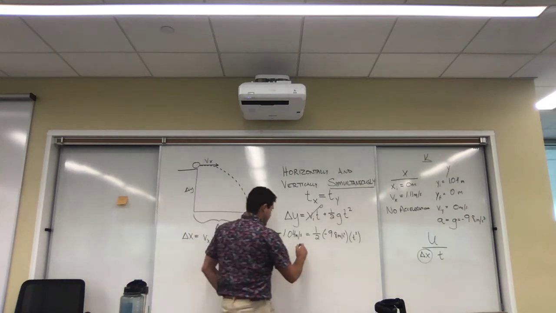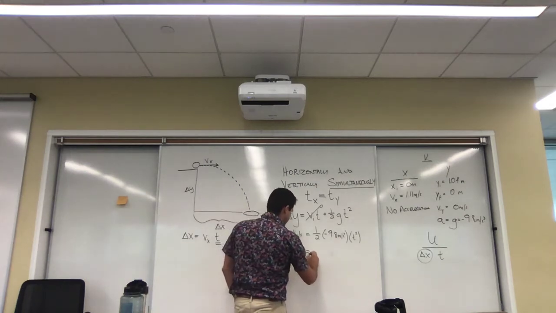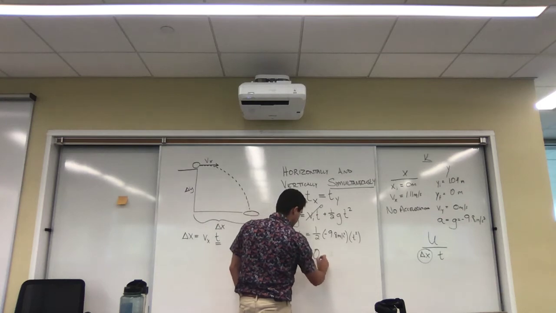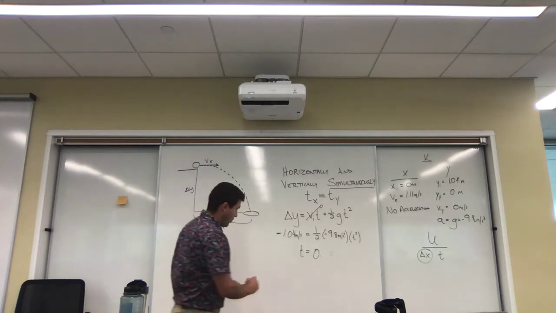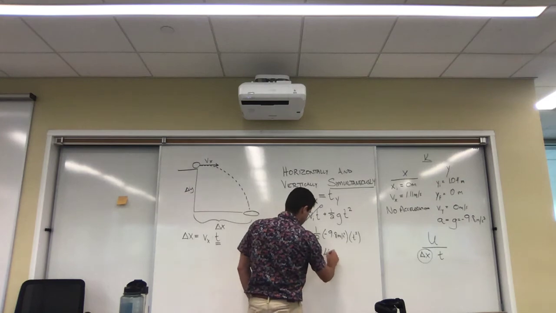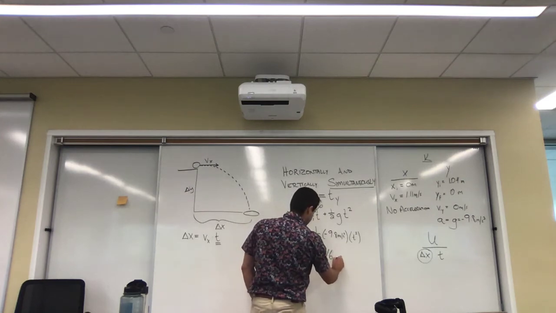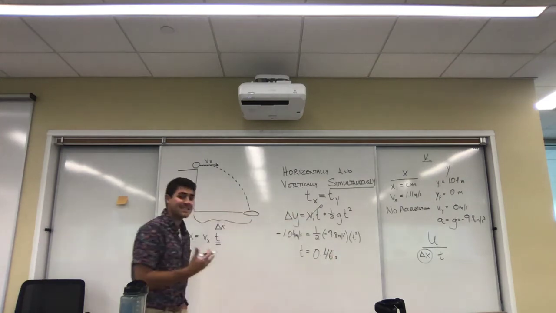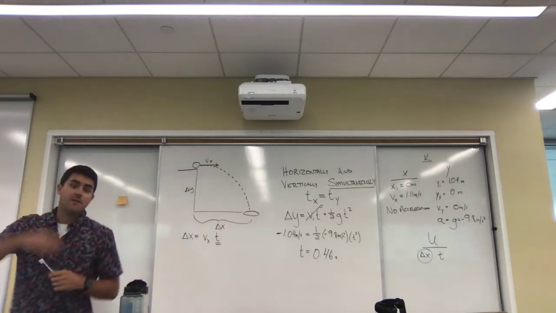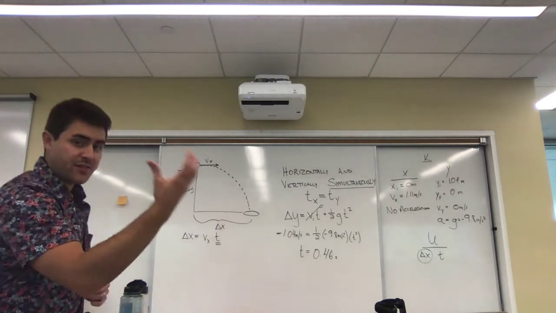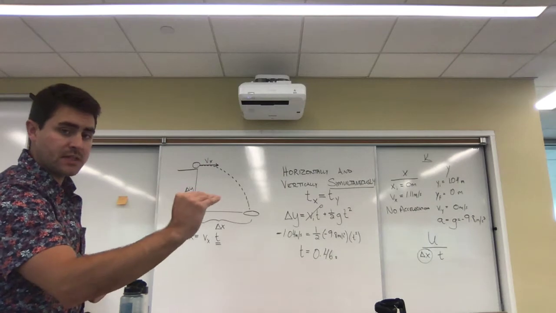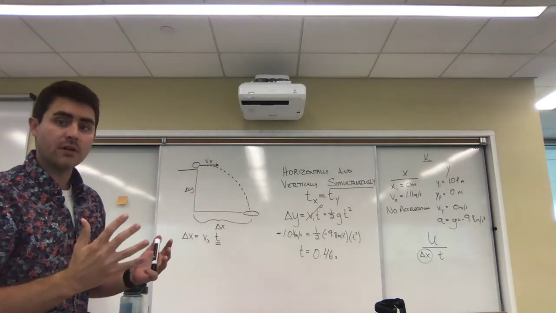When I solve this myself, I end up with time being equal to 0.46 seconds. This is the time the object is falling for. The time it takes for the object to get from the surface of the table to the ground vertically.